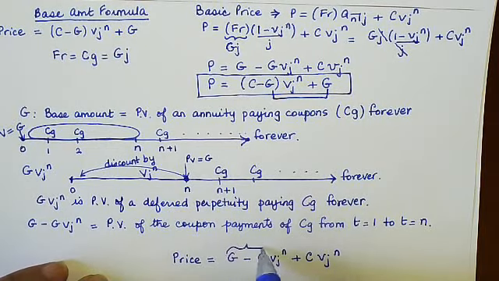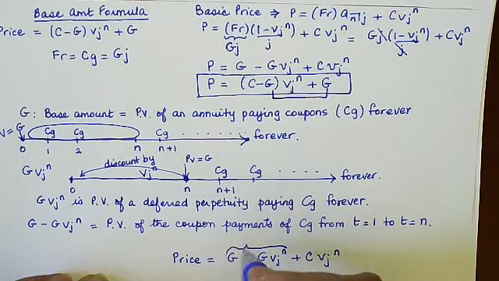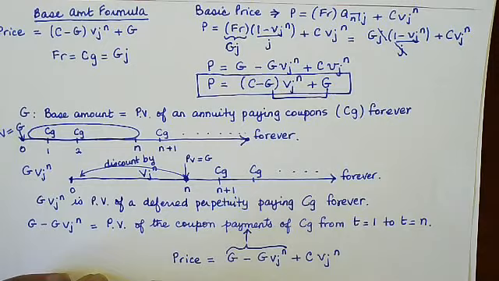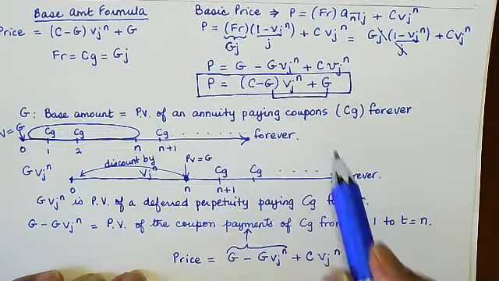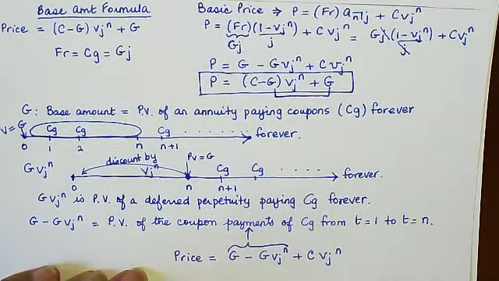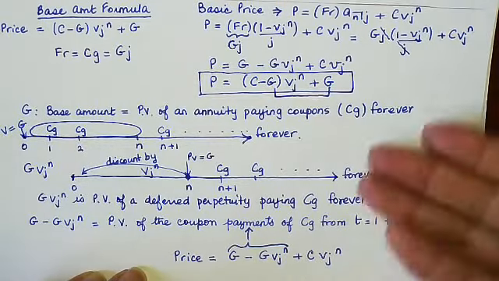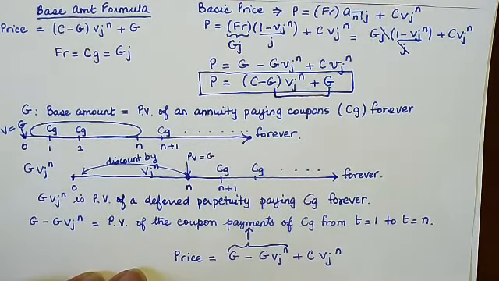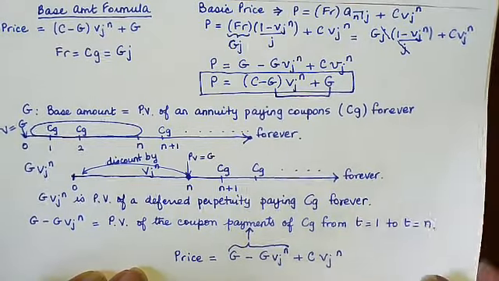It makes sense to me now, because this is the present value of the coupon payments from 1 to n, and this C is the redemption amount at n, and we are taking its present value also by discounting n places. So this is the alternate price formula. It's called the base amount formula, and when you look at it like this, it certainly makes a whole lot of sense.